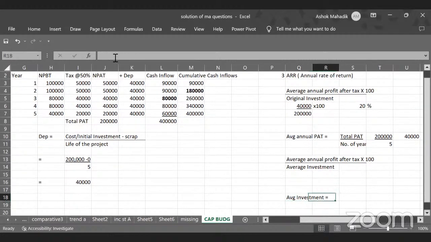So average investment is nothing but opening investment, or I'll use a more simple formula: initial investment minus scrap, plus, upon 2.